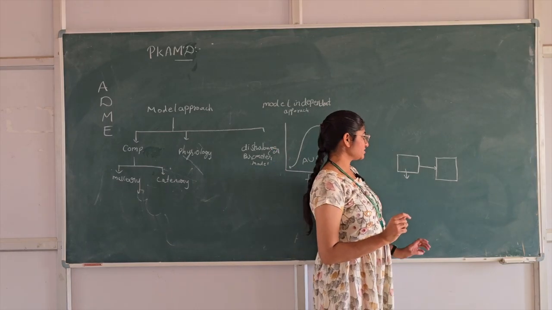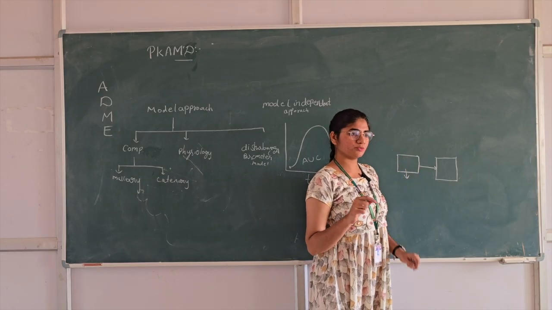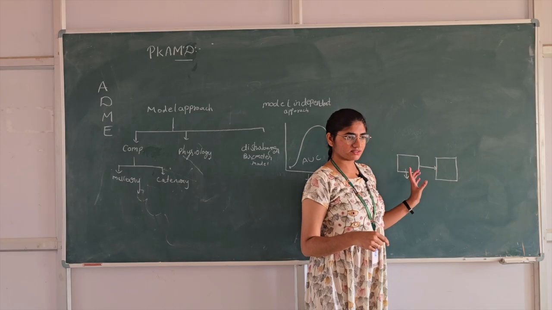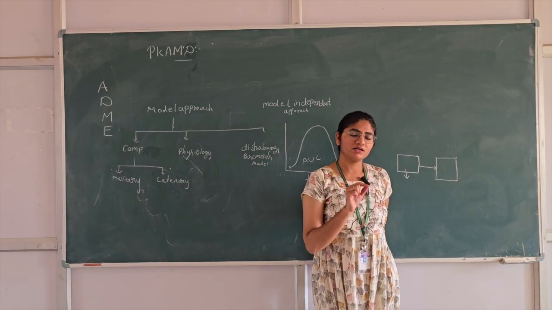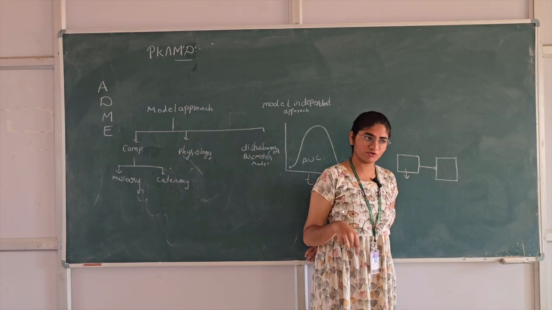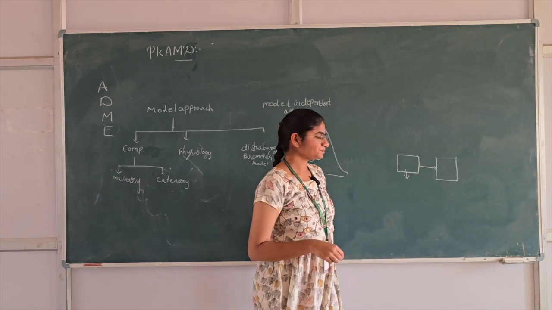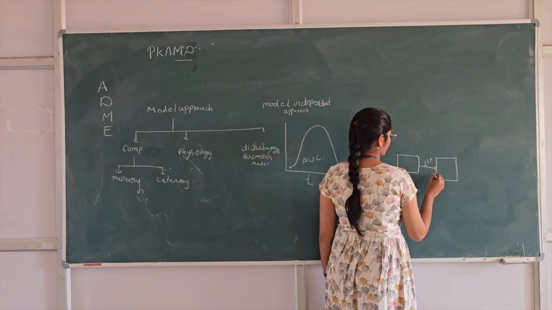Another hypothesis is that in every site, the drug distribution is equal. Like if you keep one particle of this drug, in every corner the distribution of drug is the same. In the same way, for the lungs and kidneys, as they have the same type of perfusion, the concentration in those organs is also the same. And it follows first order kinetics.